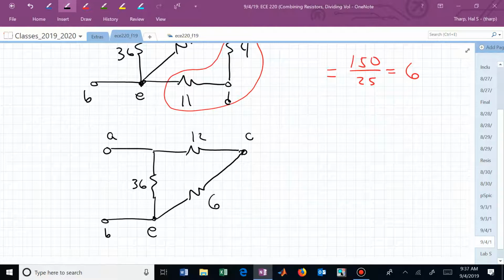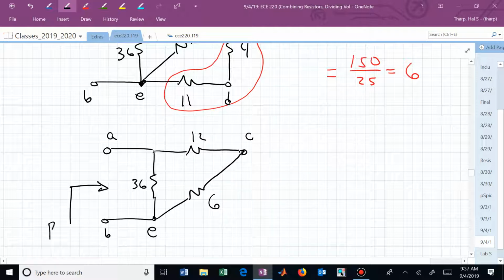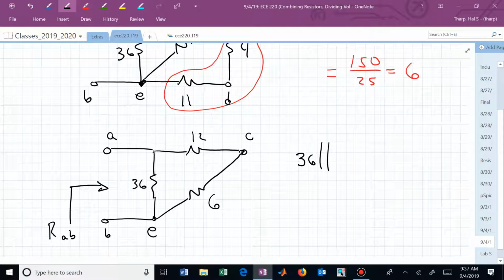Now the equivalent resistance between A and B is going to be 36 in parallel with 18.